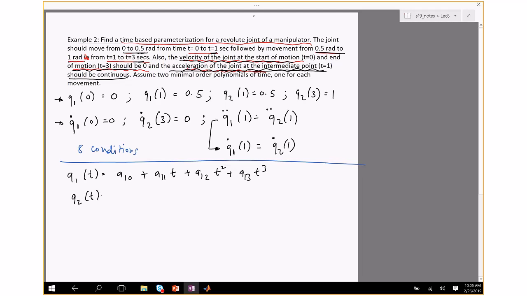Q2 of t is a20 plus a21 t plus a22 t square plus a23 t cube.